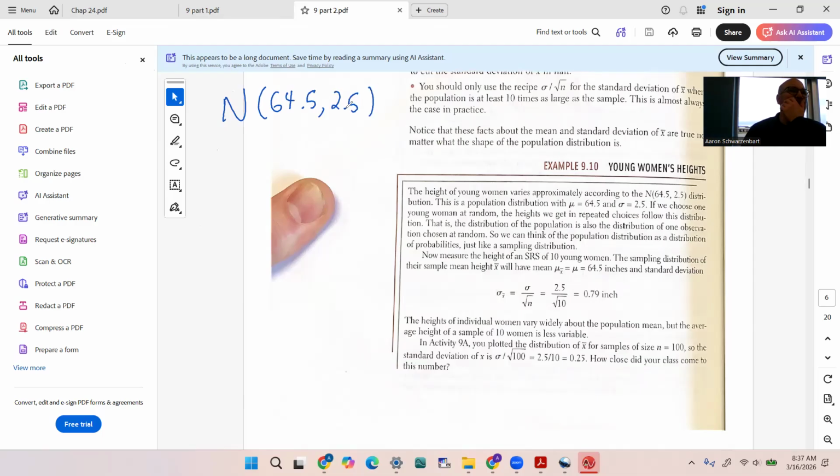And what does that mean again? What does N stand for? No, capital N in this distribution thing. We only know two types of distributions so far.